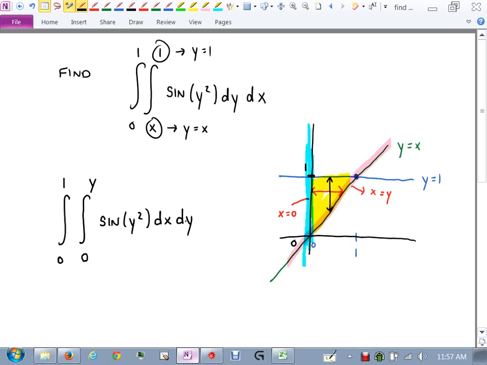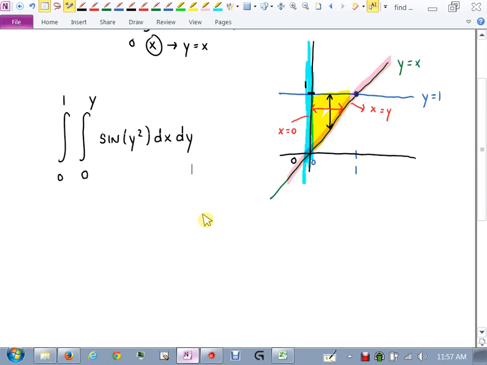Why is that better? What's the antiderivative of sine y squared with respect to x? Well, sine y squared is a constant then, right? So the antiderivative of sine y squared with respect to x would be sine y squared times x, wouldn't it? So you could actually do that integration. And let's just see how great it's going to be.